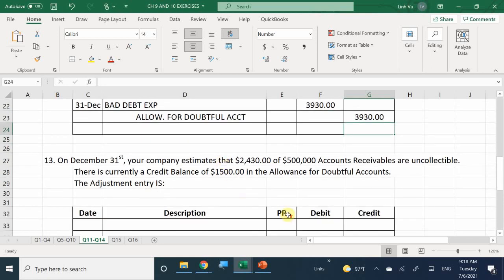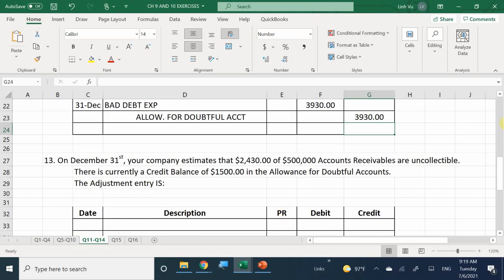All right, question number 13. On December 31st, your company estimates that $2,430 of its 100,000 accounts receivable is to be uncollectible. There is currently a credit balance of $1,500 in the allowance for doubtful accounts.